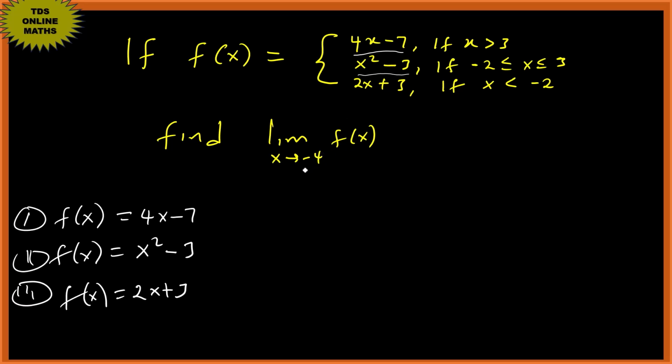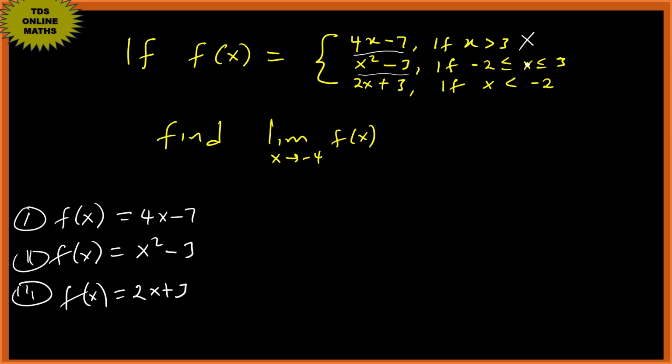So where can -4 fall? Okay, so looking at the first one, x is greater than 3. So negative 4 doesn't fall here. And the second one too, negative 2 to 3.